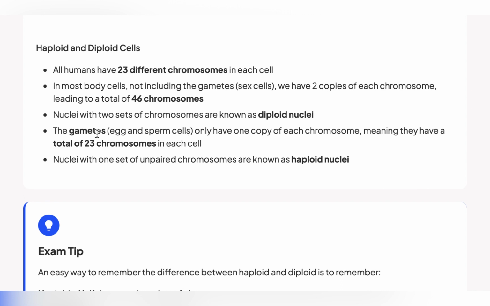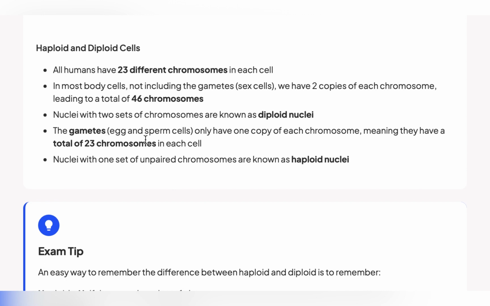Then the gametes, that's the egg and the sperm cells, only have 1 copy of each chromosome, meaning they have a total of 23 chromosomes in each cell.